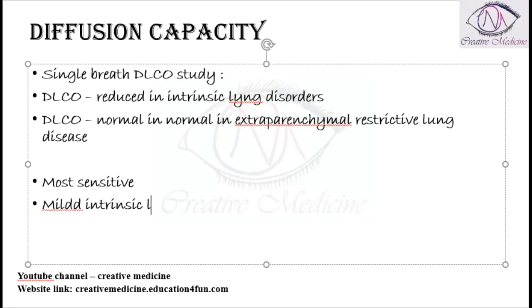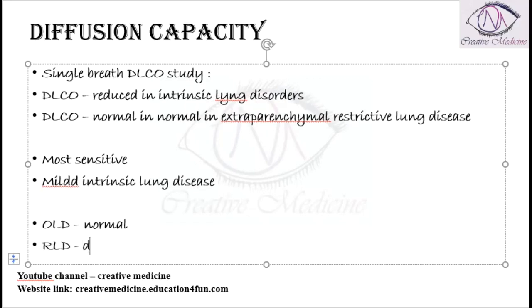We can see the change or abnormality in this diffusion capacity of carbon monoxide. So thus it is a sensitive indicator, whereas in any type of obstructive lung disease it is normal. Only in restrictive lung diseases it is reduced, whereas in extraparenchymal restrictive lung diseases it is not reduced.